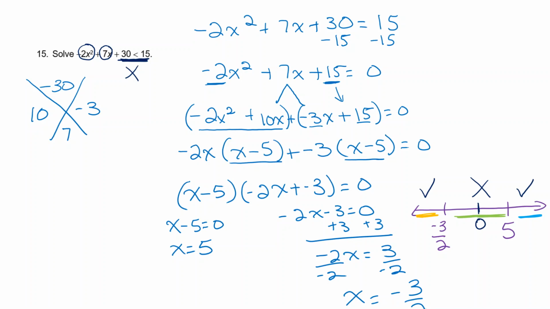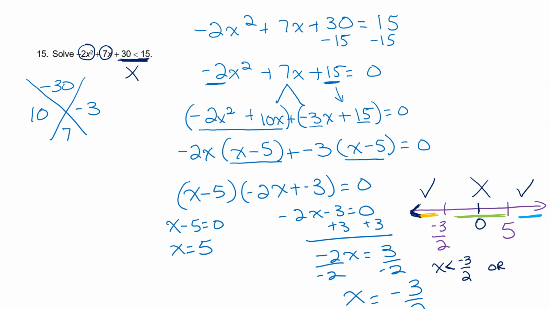Okay, so I have two pieces here, so I have to have two separate x equals statements. Notice that my arrow is going to the left, so I'm going to make my inequality go the same way. So on this side, x has to be less than negative 3 over 2. Notice the less than is going the same way as my arrow there.